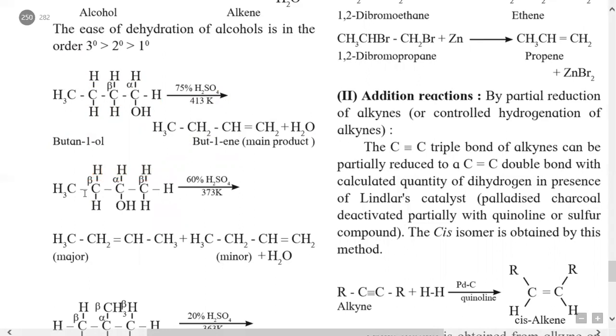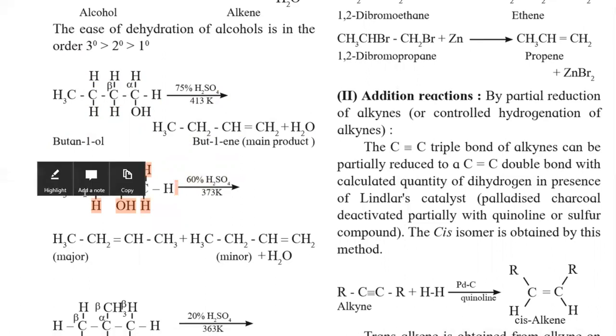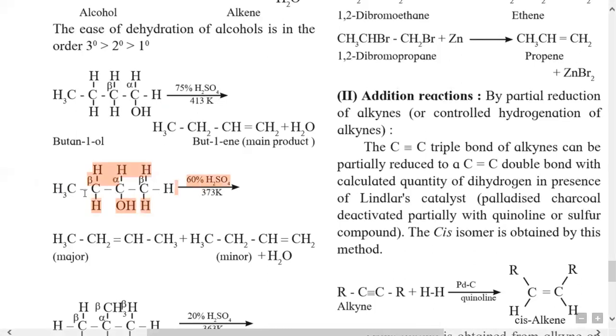Here only 60% H2SO4 is required because dehydration of secondary alcohol occurs more easily than primary. Therefore, 60% H2SO4 and a lower temperature than primary is needed. It is 373 Kelvin, which is less than 413 Kelvin.